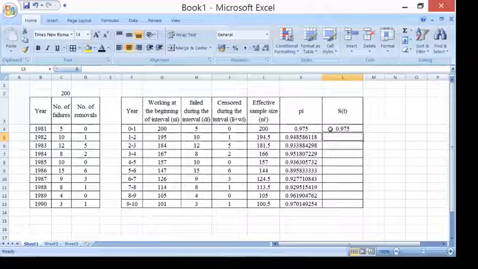Now, what is the probability that you will be alive at time point 2, given that you are alive at time point 1? So it will be 0.94. This is the probability that you are alive at time point 2, given that you are alive at 1. But what is the probability that you were alive at 1? That probability also has to be considered if we want to remove the condition.